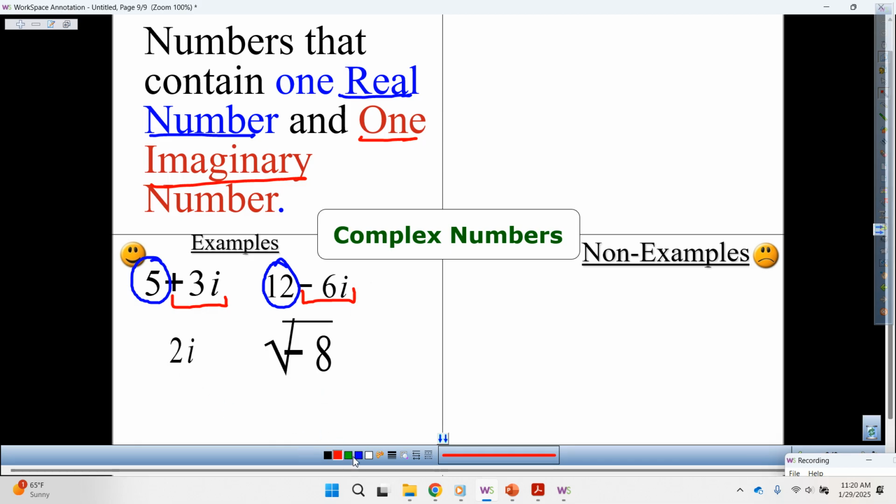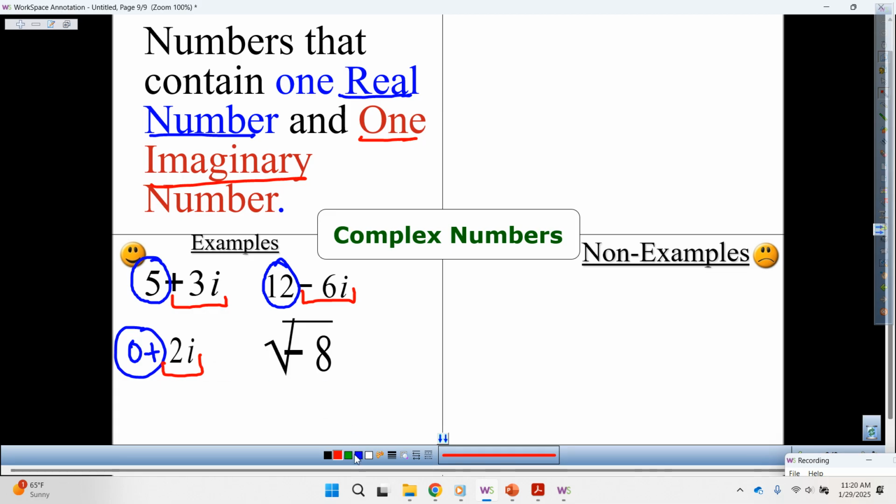How about this one? What is the real? Everyone? Yes, 0. That means this is the imaginary. So far so good, yes?